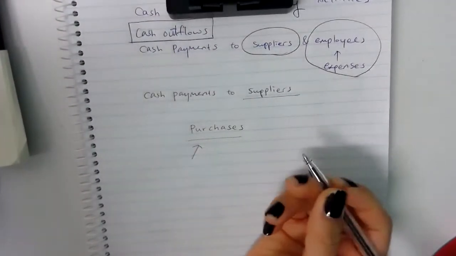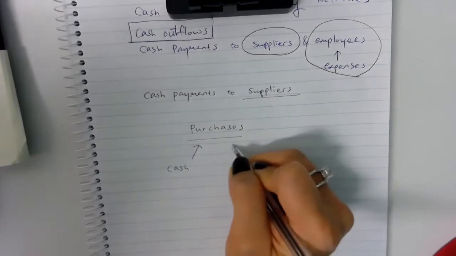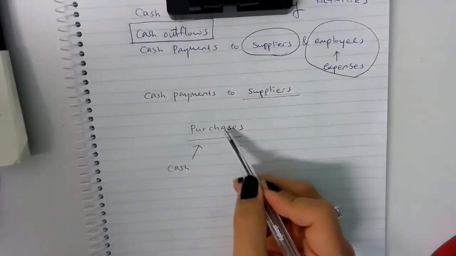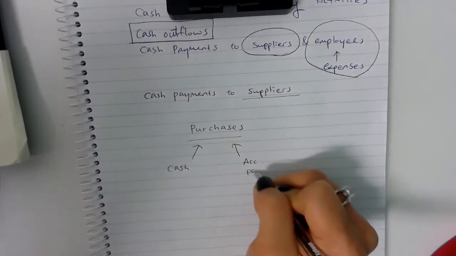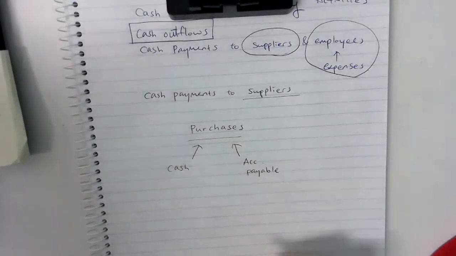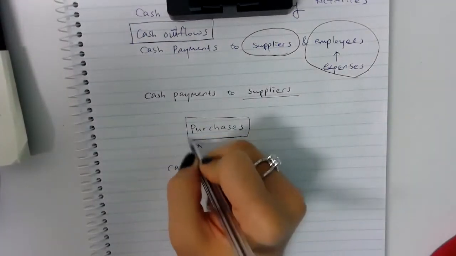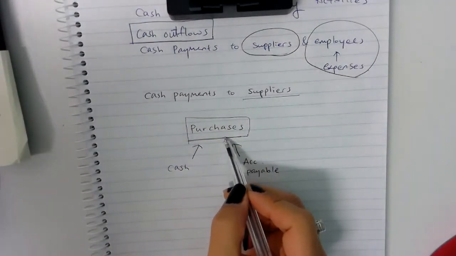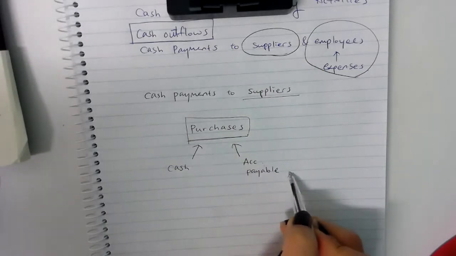So purchases can be made from cash payments, or it could be on credit. So if they bought purchases on credit, then it will be on accounts payable. For example, now they bought this much of purchase inventory, and they put some on account, meaning they still owe money, they haven't paid yet.